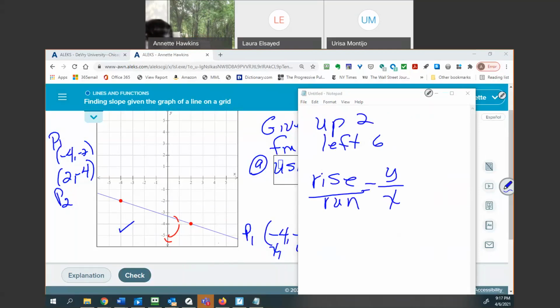So you have to put y over x, okay? So for y, we go up or down, and for the run, we go left or right, okay? So I went up 2, that's a positive 2. I went left 6, that's a negative 6. Then we need to reduce this, negative 1/3. Is that what we got when we did it algebraically?